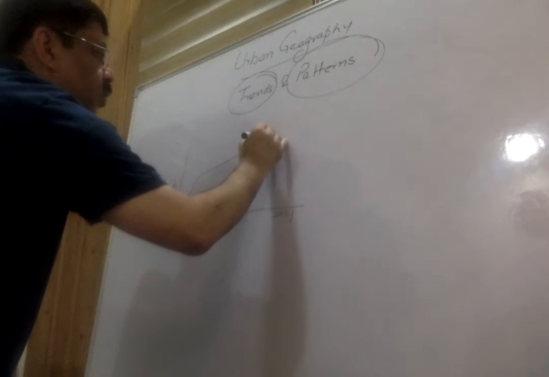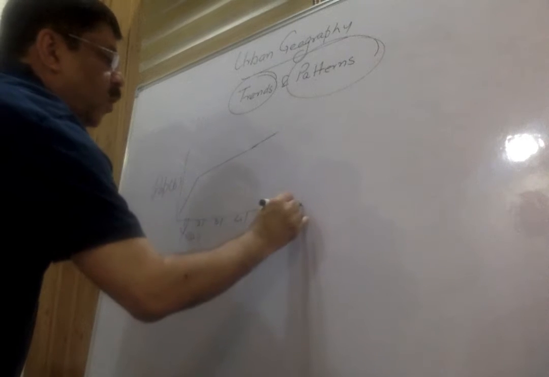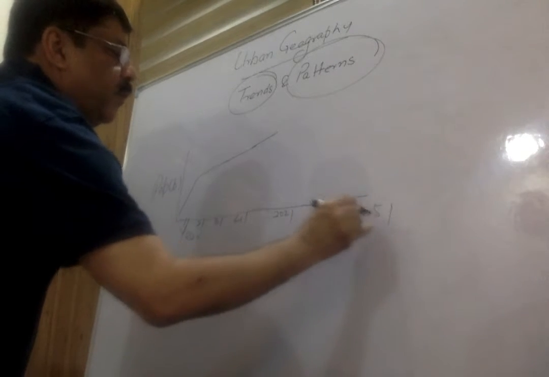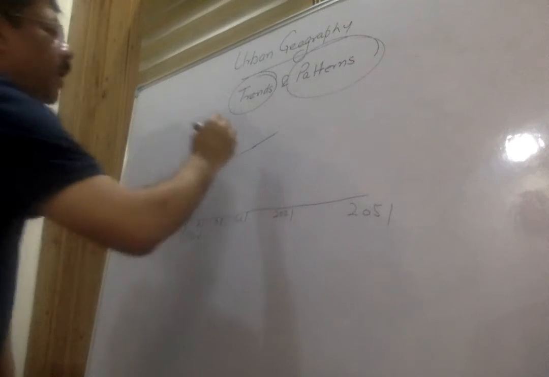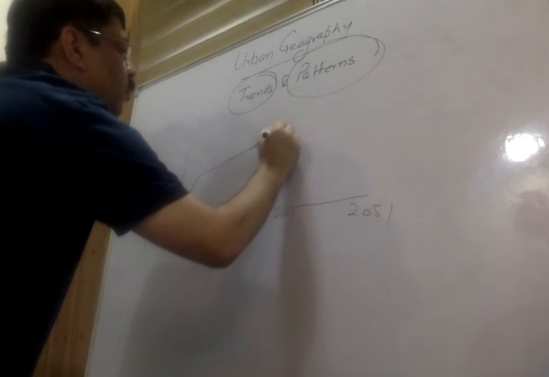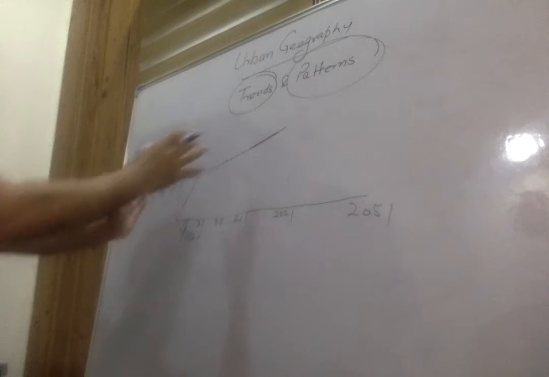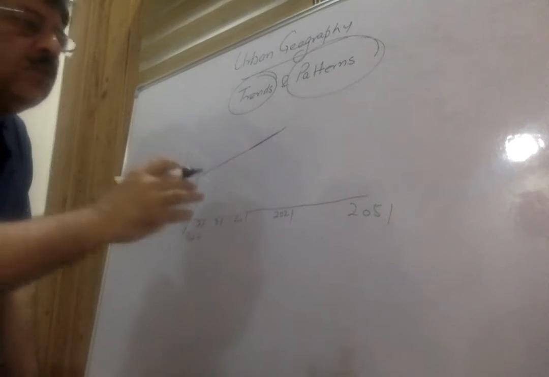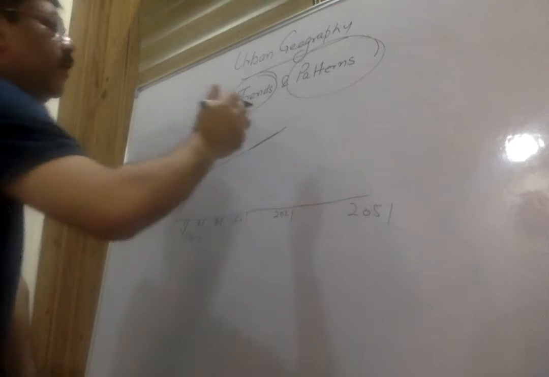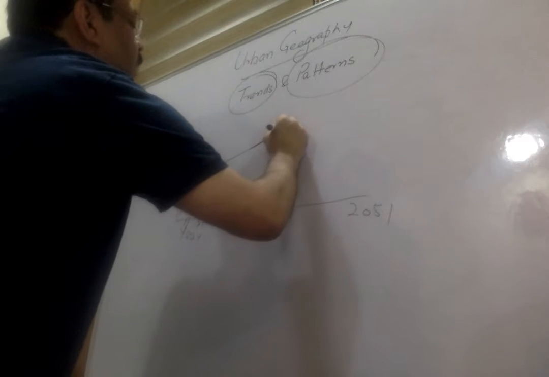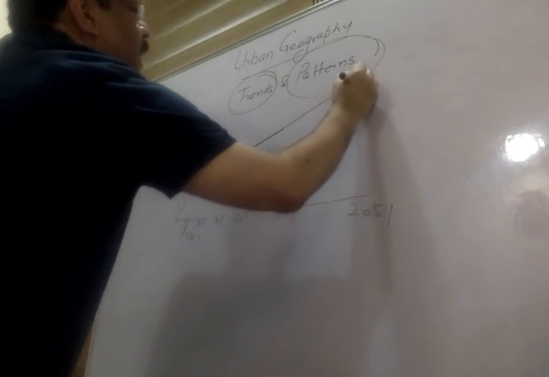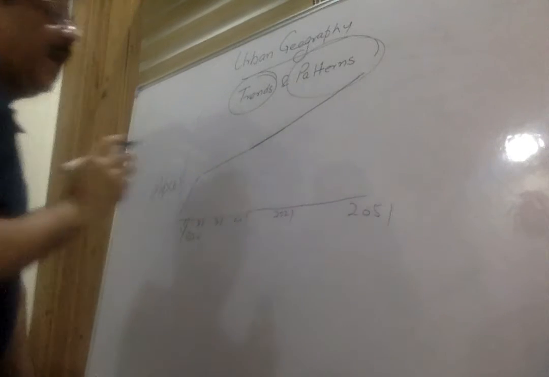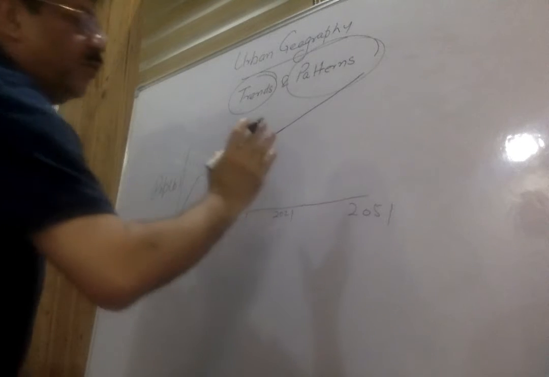Suppose this is 2021. We want to know what it will be like in 2051. We can assume that this trend will continue because it has been continuing for a long time. So we have all the reasons to believe that this trend will continue. We can extend this line, and this population is the likely population of 2051.